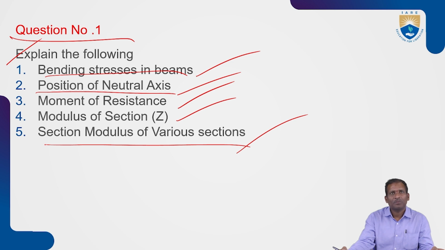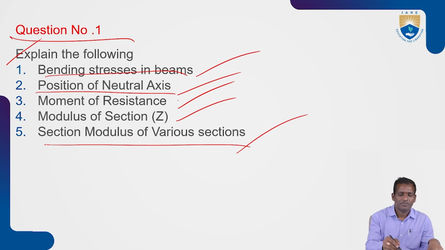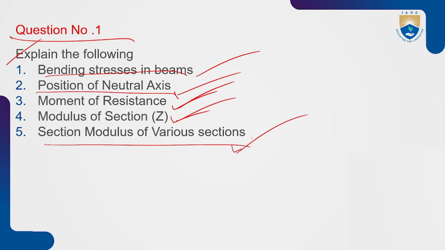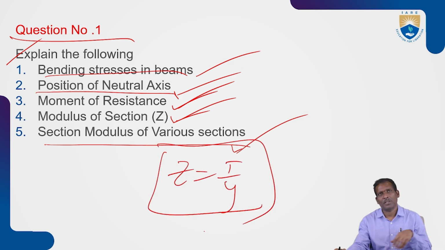you should know. So that's why the selected topics here are bending stress in beams. We have discussed bending stresses in beams, and also the position of neutral axis, and moment of resistance, and then the modulus of section, that is Z. We have learned how to calculate section modulus for various sections: apply this I by y formula for section modulus.